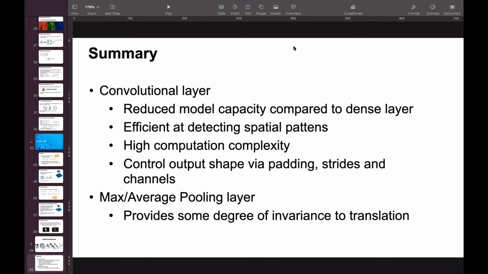But the whole image, compared to the size we feed in, would be much more complex to process in a computer. Computation efficiency. There we go.